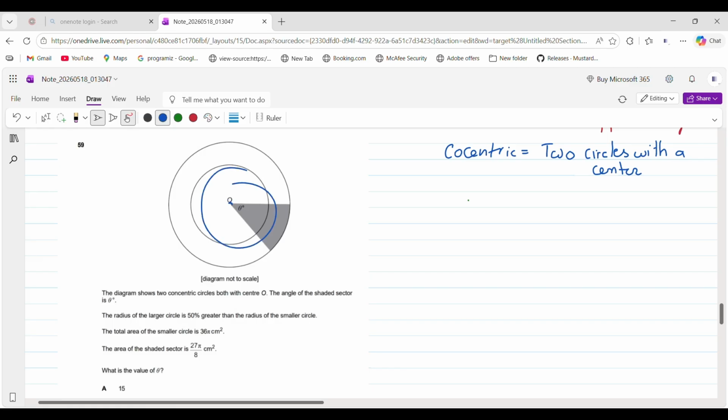So this is the common center and these two are circles. They both have the center which is common, right? So this is what we call concentric circles in maths.